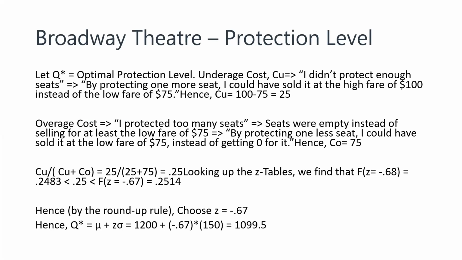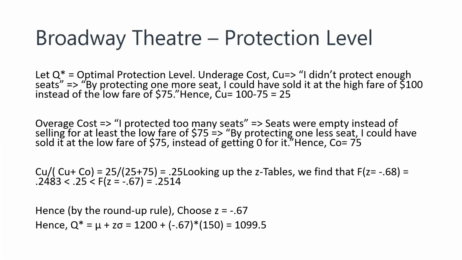So you calculate the critical ratio, CU divided by CU plus CO, and plugging in, the critical ratio is 0.25. Go find the Z value in the standard normal distribution table.